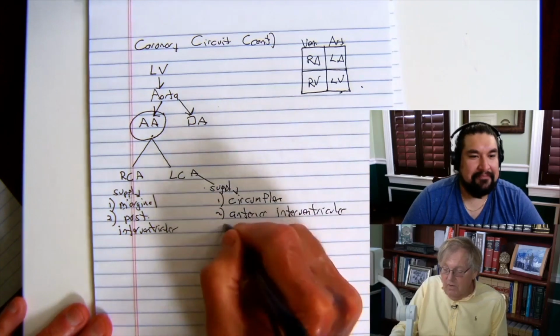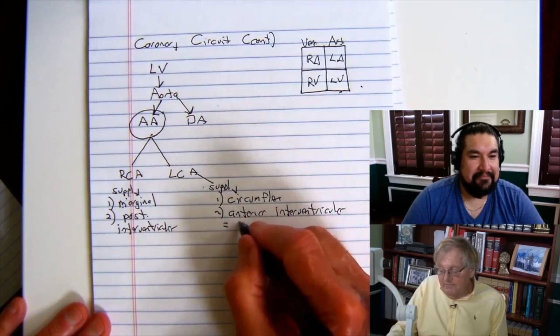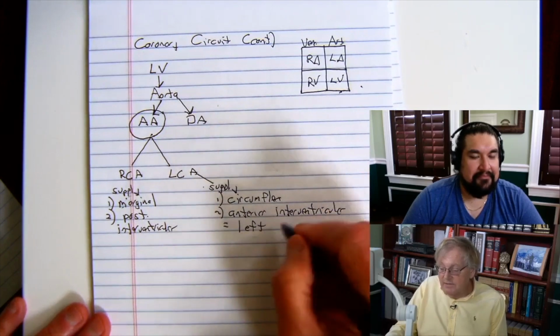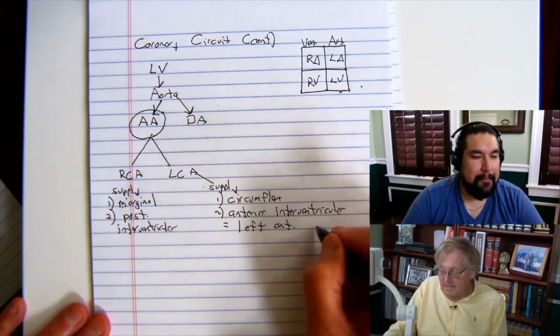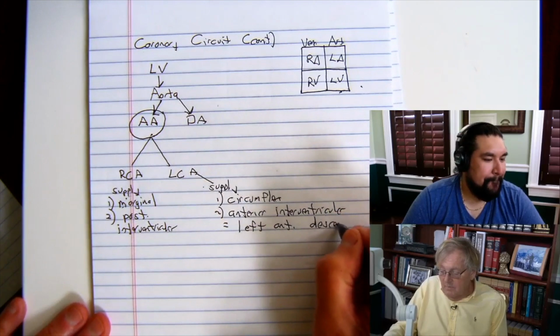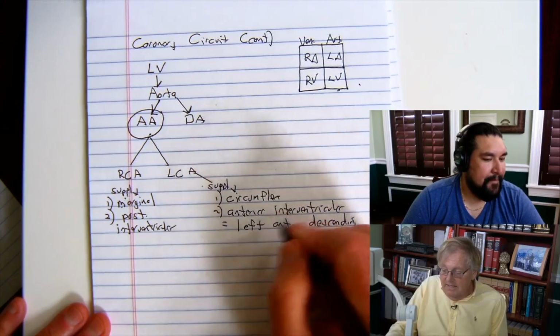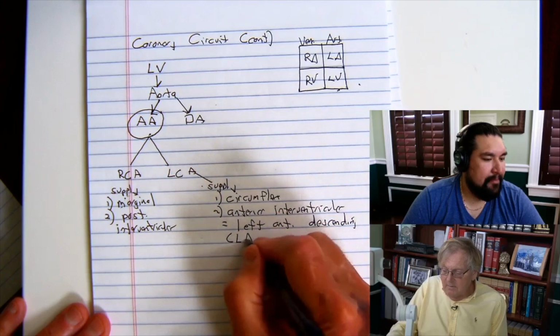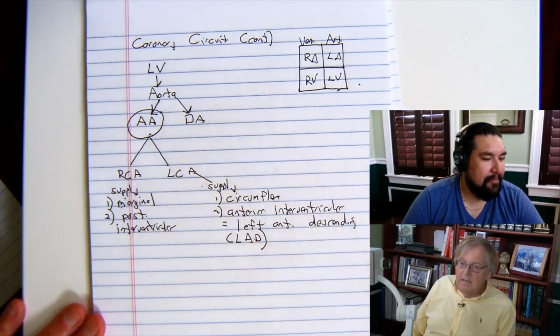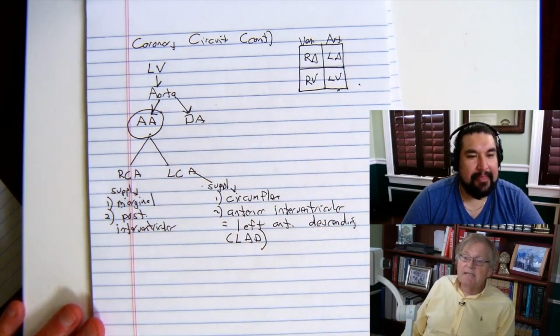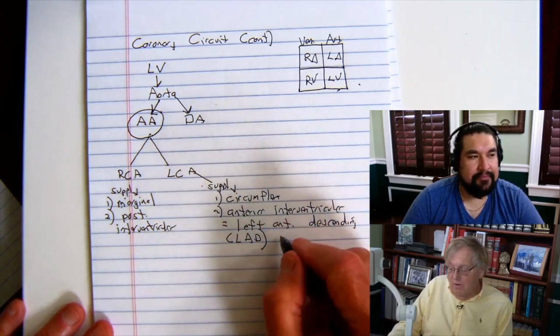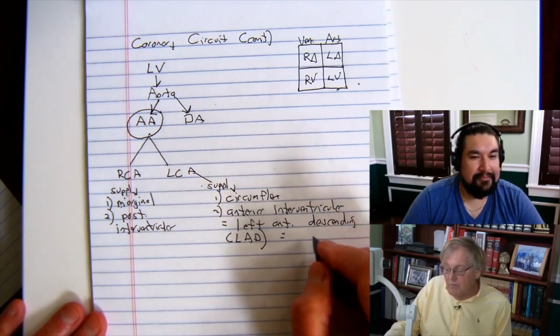It's also called the left anterior descending, or the LAD, and then the LAD is going to also be called the widowmaker.